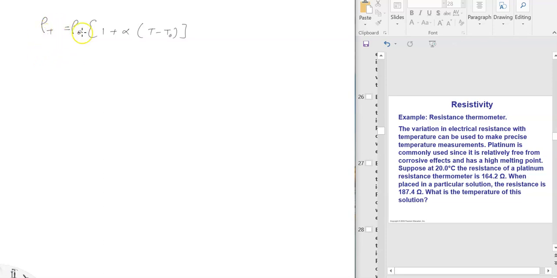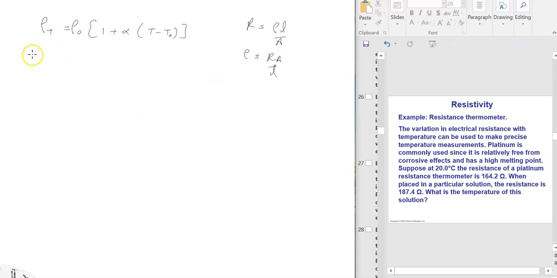We know that resistance is rho L over A. So therefore, rho is RA over L. So I can rewrite this.